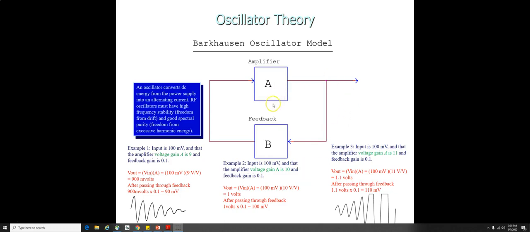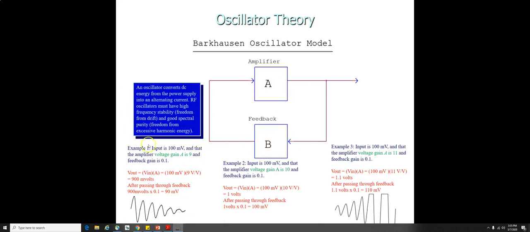Here we are going to take 3 examples to explain how the principle of oscillator works. First, you see this A stands for amplifier, and there is some gain in this amplifier, and then we have this B, which is for feedback, and this feedback will also have some gain.